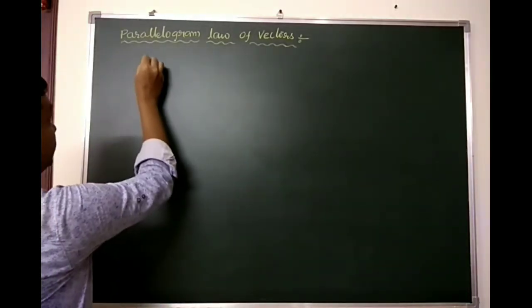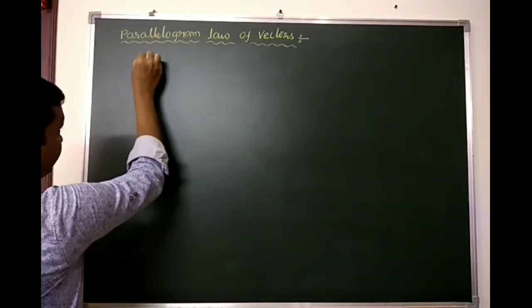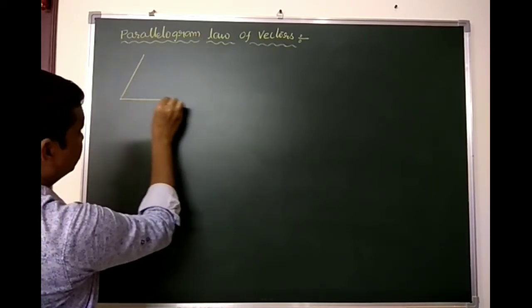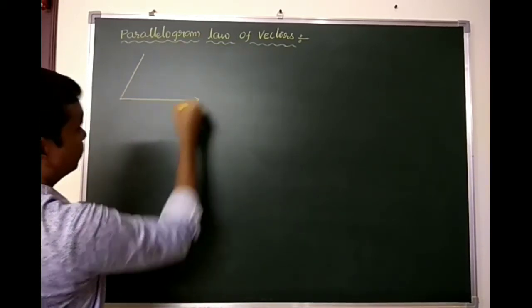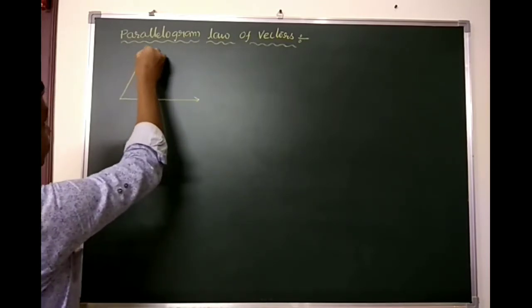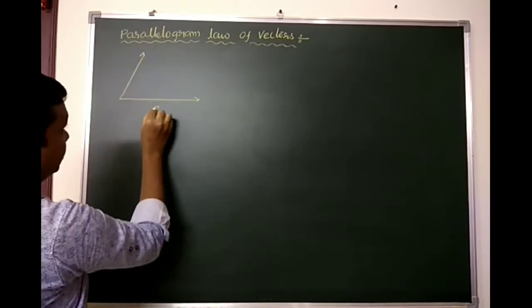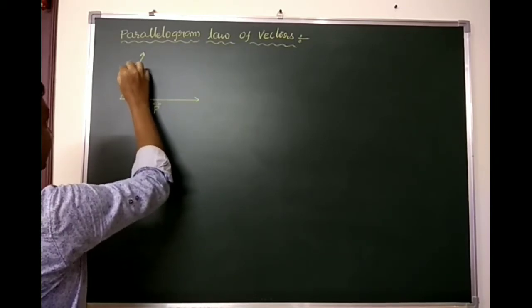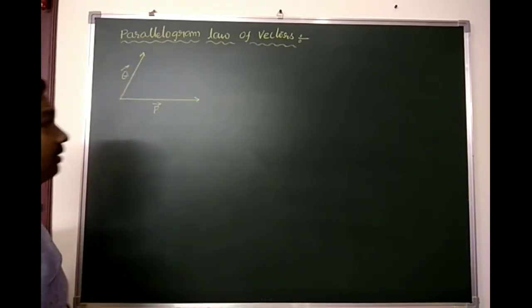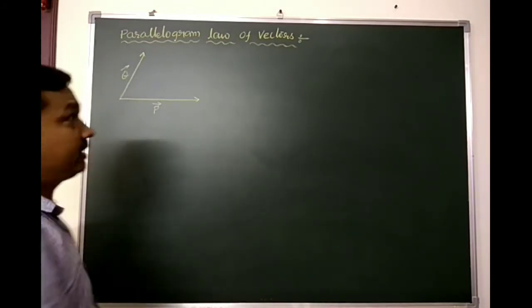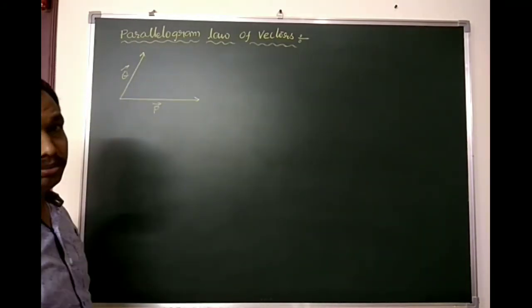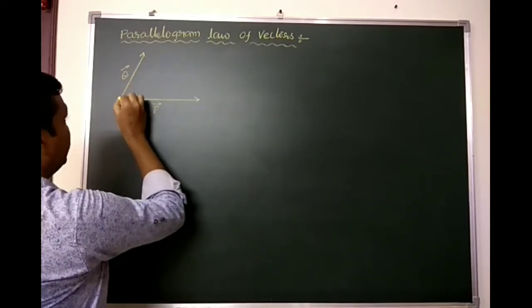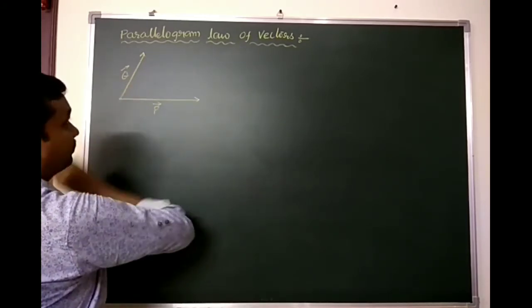The two vectors I am considering: this is P vector and this is Q vector. P vector and Q vector are the adjacent sides of the parallelogram drawn. The resultant starts from the same point.